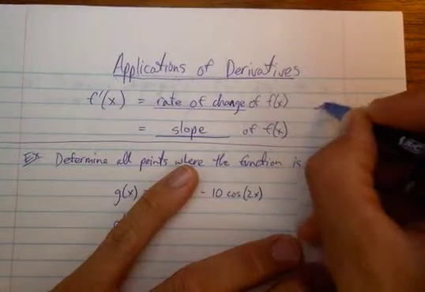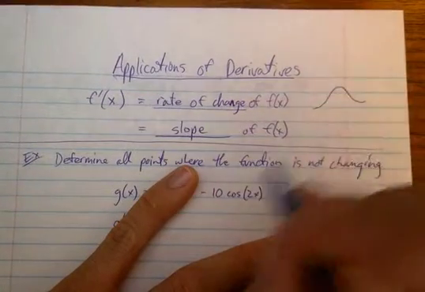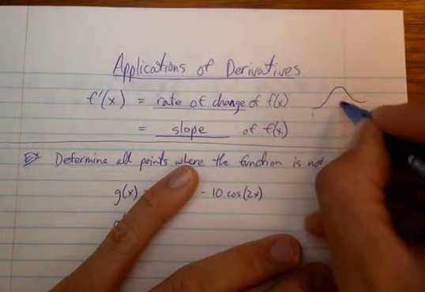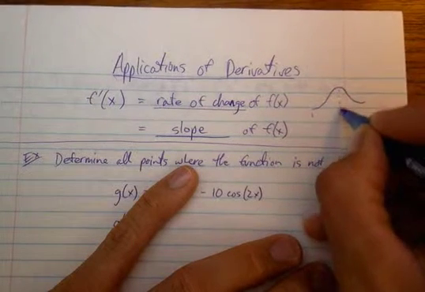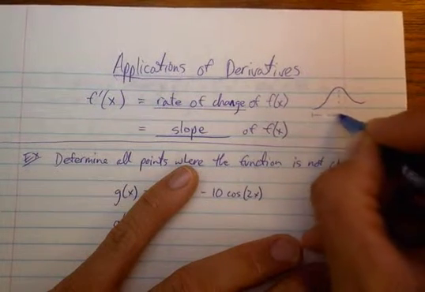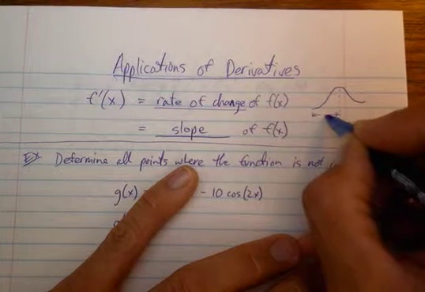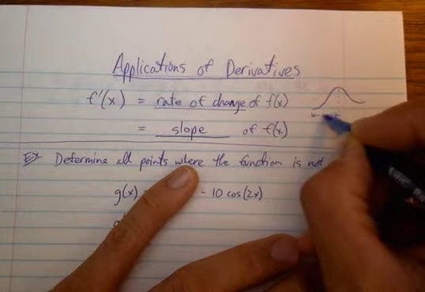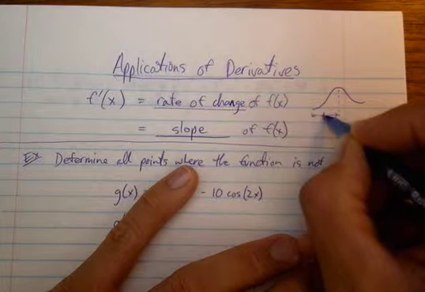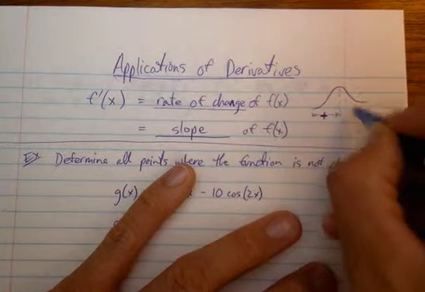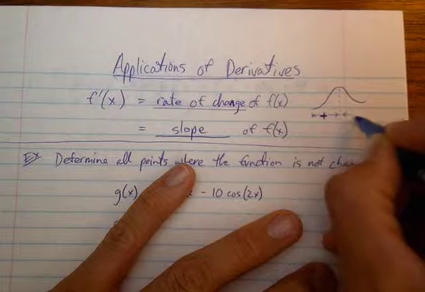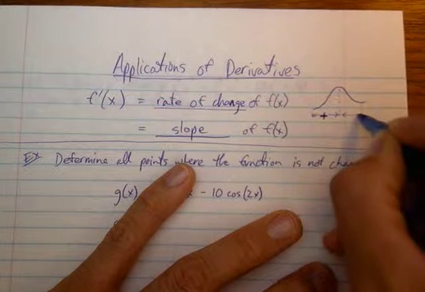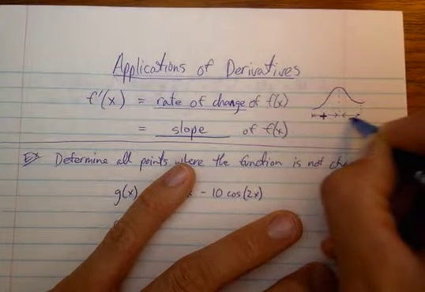let's say a function looks like this. Well, from here to here, the slope is going to be positive, right? And from here to here, the slope's going to be negative.